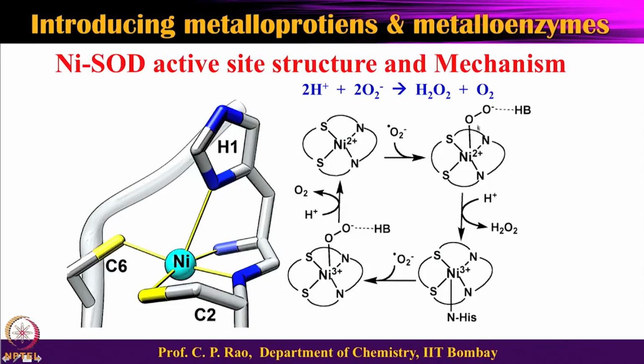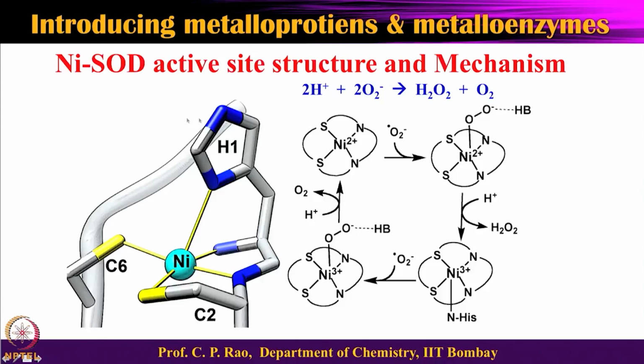Because you are breaking this, adding a proton here, that means you need to reduce, because you have HO2 minus, and then you take 1 electron out. When you take out 1 electron of this nickel O bond, nickel becomes nickel 3 plus. The nickel 3 plus will bind to another mole of O2 minus dot, and that will again be interacted with by the proton.